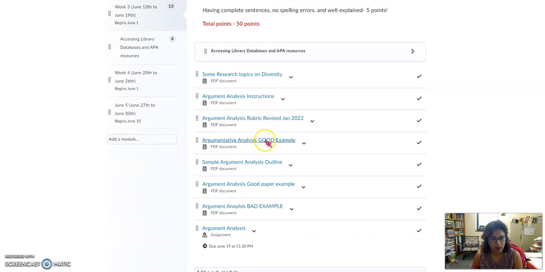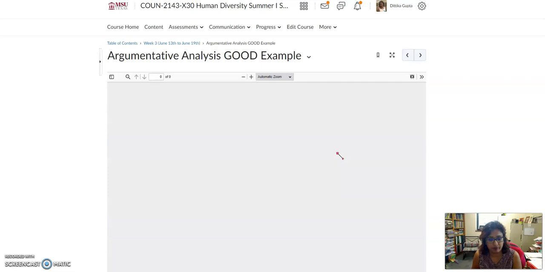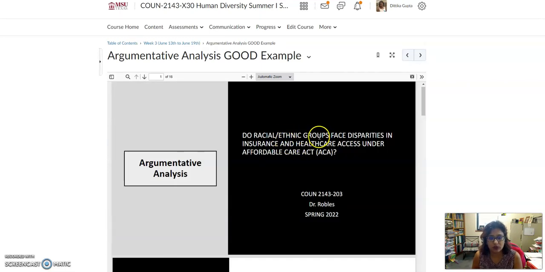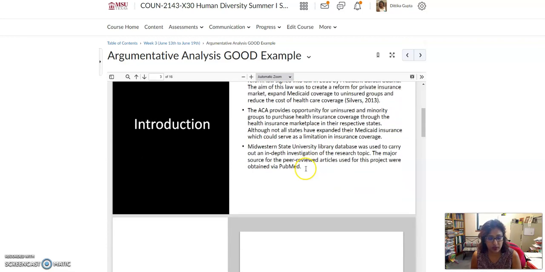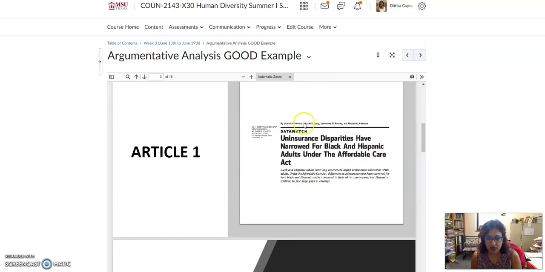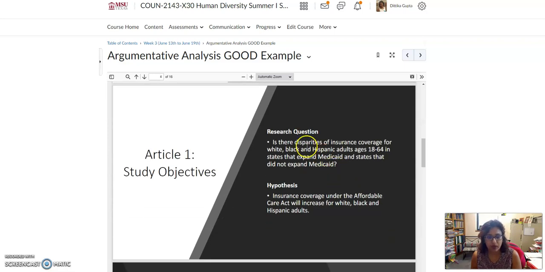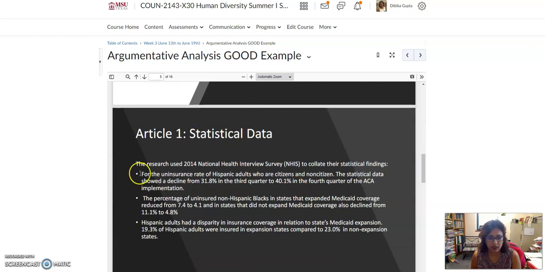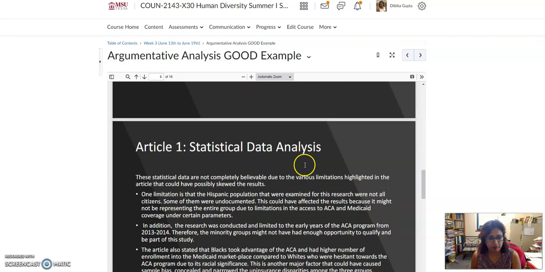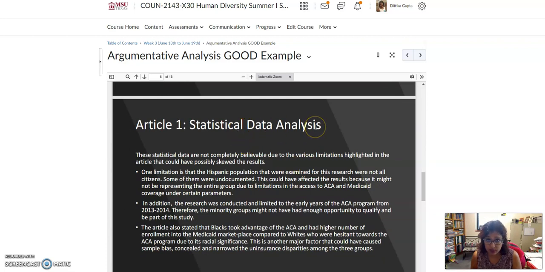So let me look at the example of it. This was "Ethnic Groups Face Disparity in Insurance and Healthcare Access." As you can see, this was first talking about just an introduction and how they'd find out. And here is the first article they used. Research question, your hypothesis, then the statistical data and where it came from, and then analysis of the statistical data: is it believable or not believable?